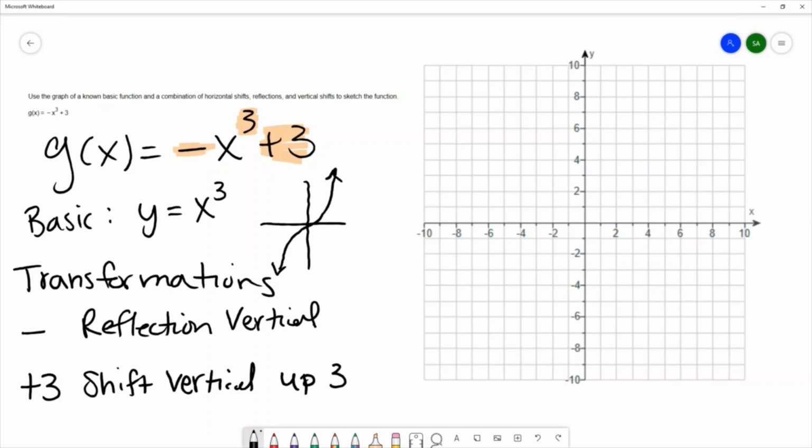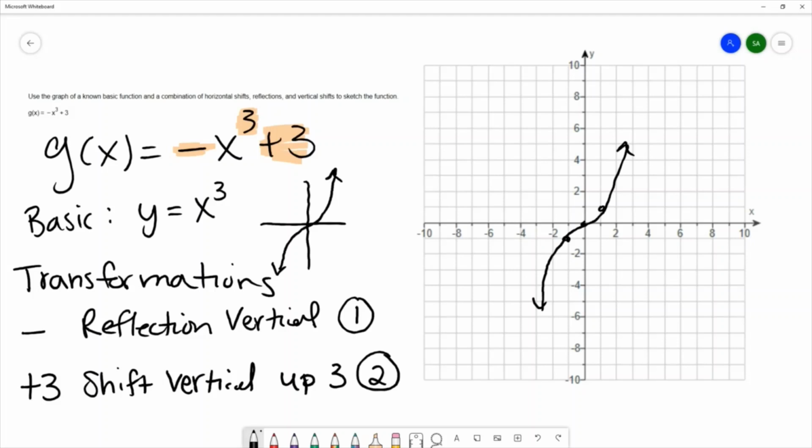So I'll start with the basic function. The basic function looks like this. I should have drawn that dashed. I guess I'll leave it solid since I'll do different colors. So that's the basic function. And then I'm going to do the reflection first and then the shift.